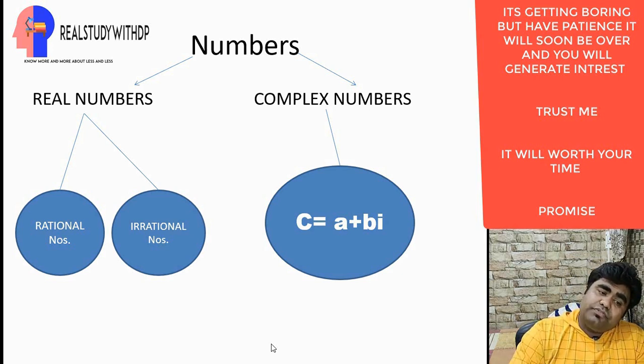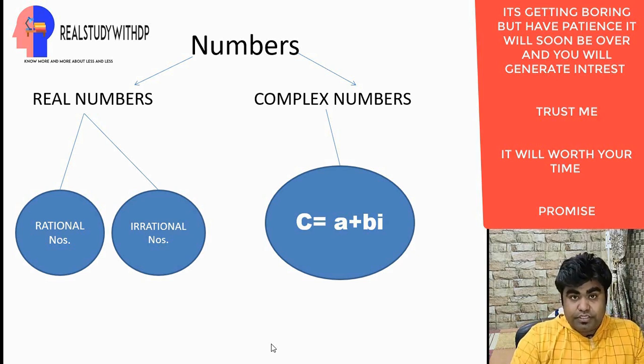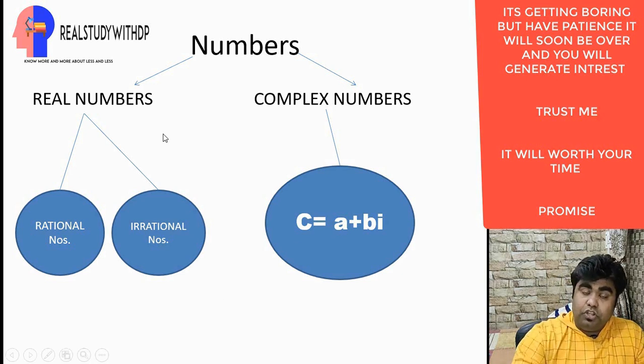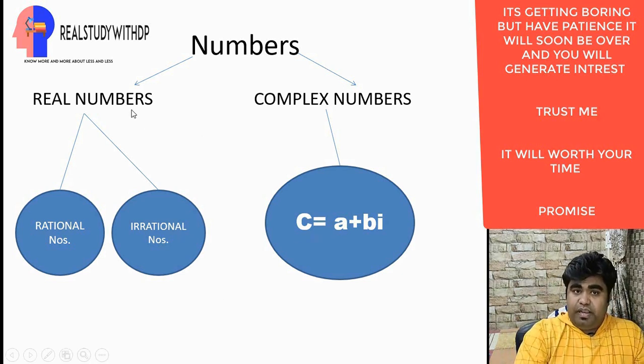As far as the major classification of numbers is concerned, we put numbers into 2 major categories, which include each and every number existing on this planet, or that we have discovered.